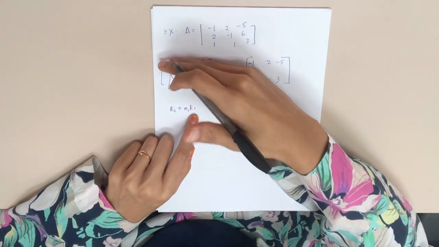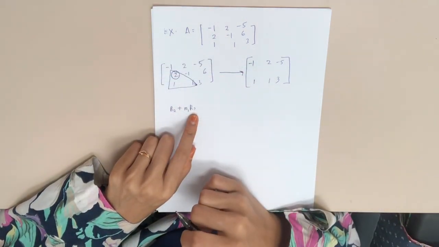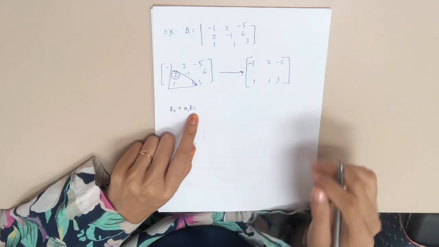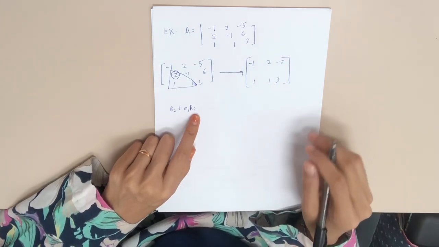You have row 1 and row 3 left, so which row do you need to choose?